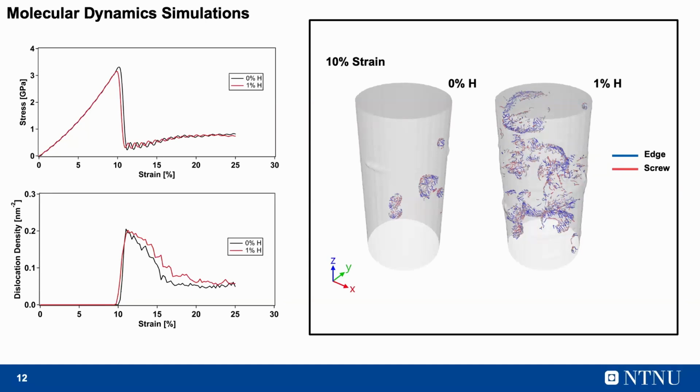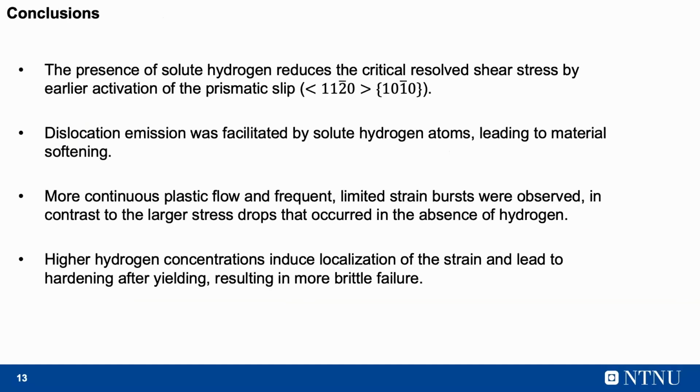Okay, which brings us to the conclusion. We show that the presence of solid hydrogen can reduce the critical shear stress for the prismatic slip in HCP titanium. And we also saw that dislocation emission was facilitated by the addition of solid hydrogen and led to softening.